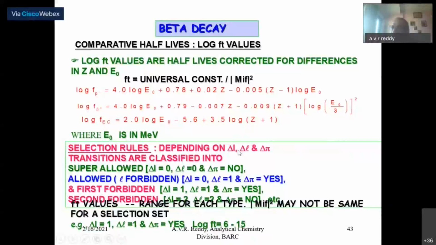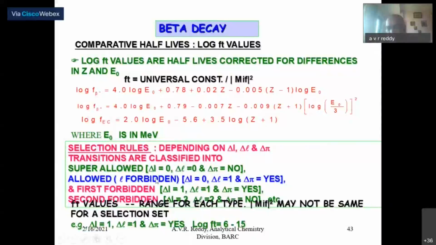Same case with the L. And L will decide the shape of the nuclear wave function. Then depending on its shape, if it is simple spherical, de-excitation is more favorable. When L is equal to 0, that is favorable. If both the parent and daughter have L equal to 0, S states, then the decay is very easy. And if there is no change in the parity, let us say both are positive or both are negative, then also decay is favorable.